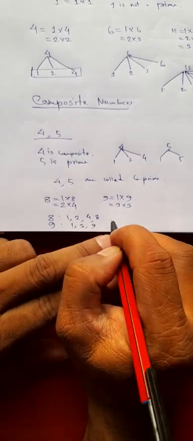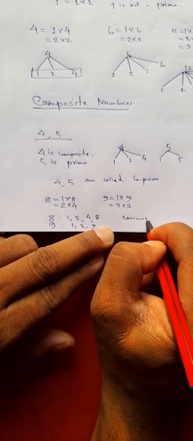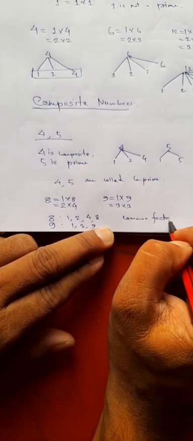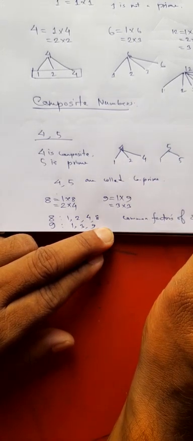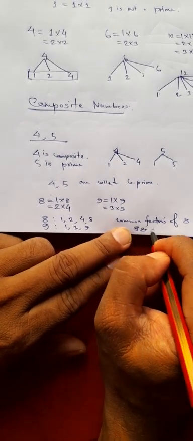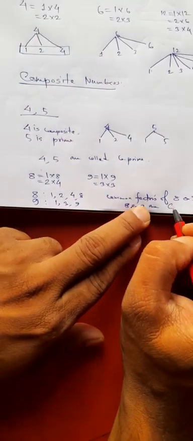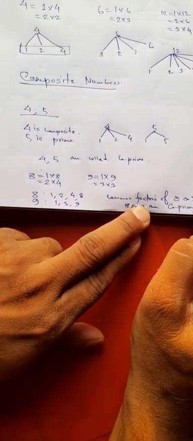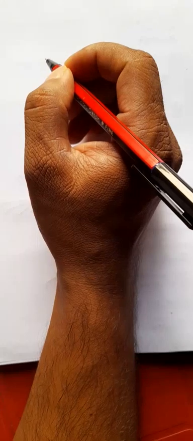Now the common factor of 8 and 9 is only 1. That is why 8 and 9 are co-prime. So what we have learned, co-prime numbers means a pair of numbers whose common factor is only 1.